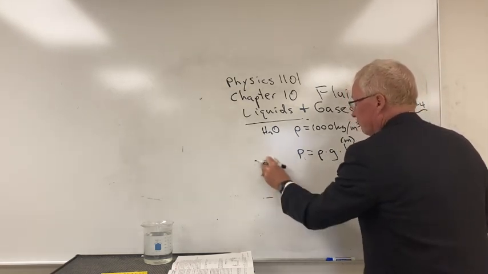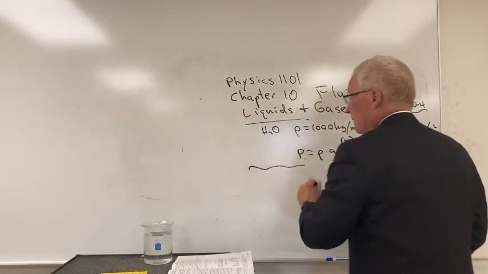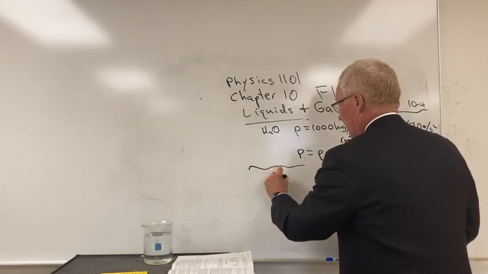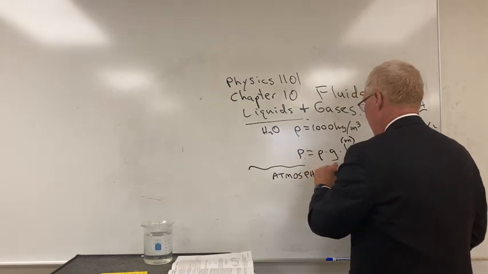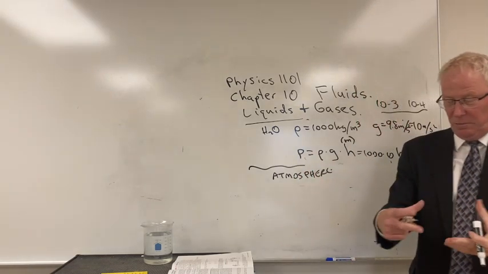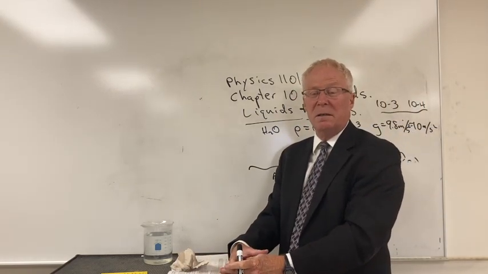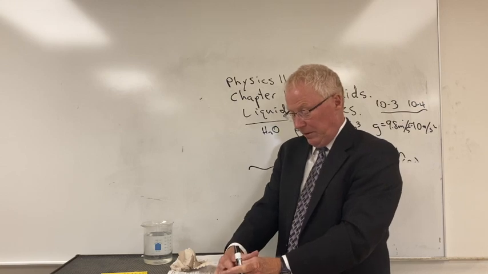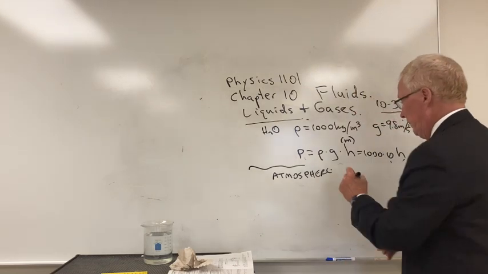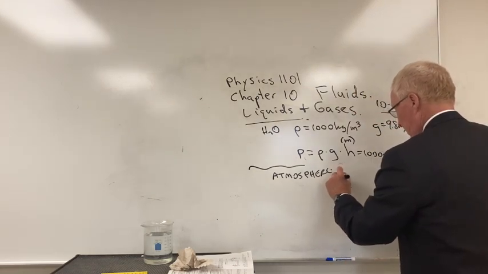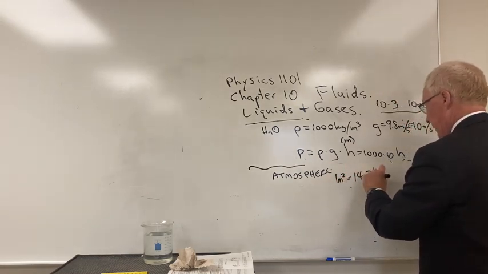Now, if we have the atmosphere, and I know from my old measurements, you take 1 square inch on the surface, all the weight of all the air above that 1 square inch has a weight of about 14.7 pounds.